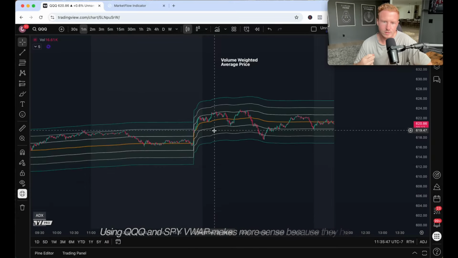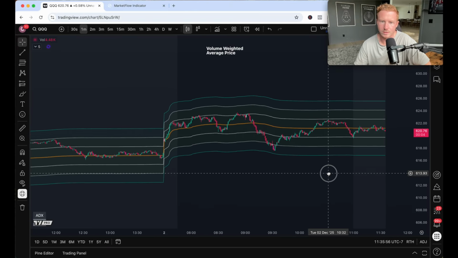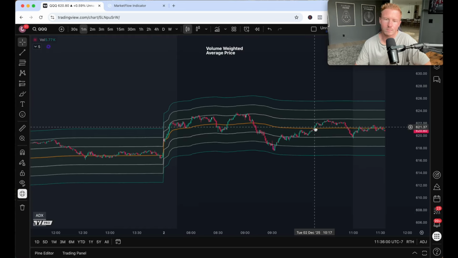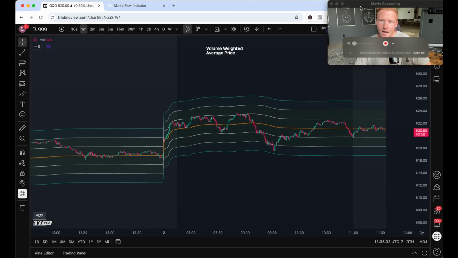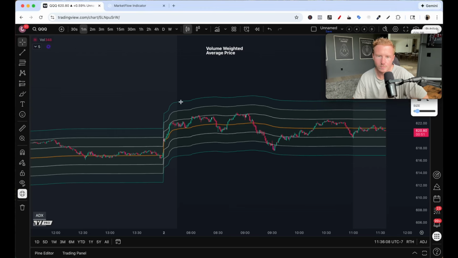Now, the way I personally use VWAP, and we can just go day by day, I'm not going to cherry pick days, is we're looking at, first, what it represents, right? VWAP is the fair value price. So if we have a more balanced range day, the market likes to pull to one extreme and to another, and then it likes to go to that fair value, right?